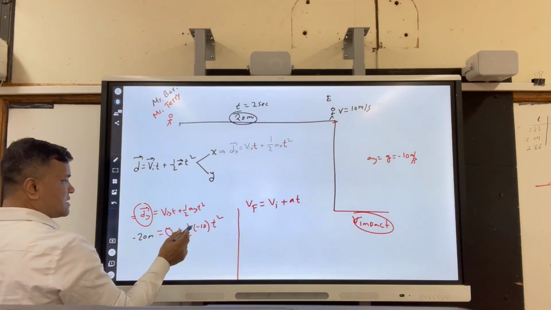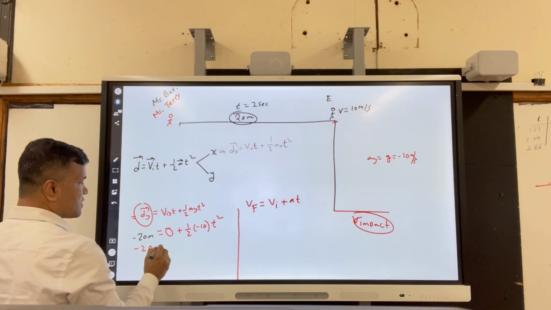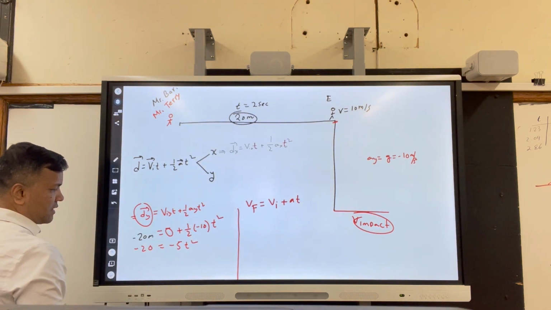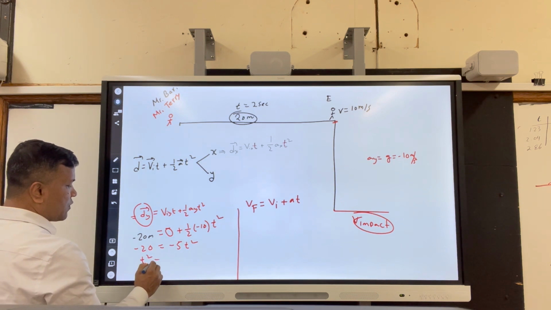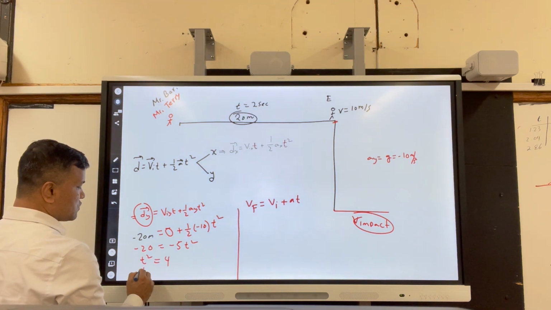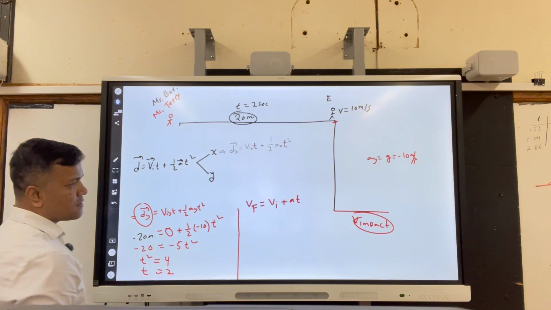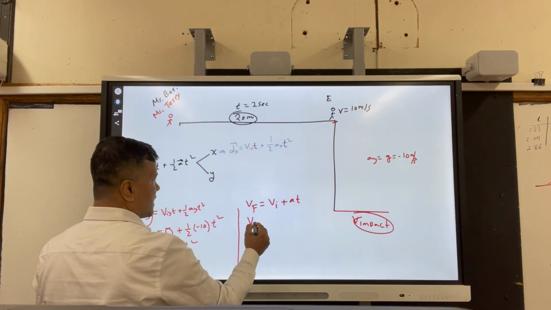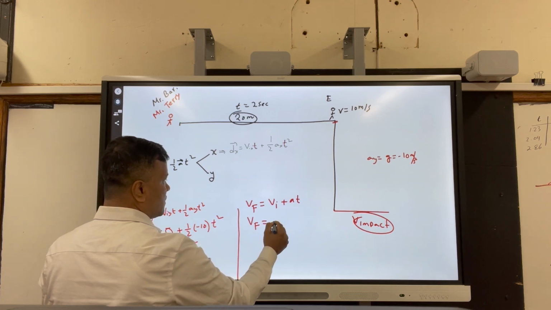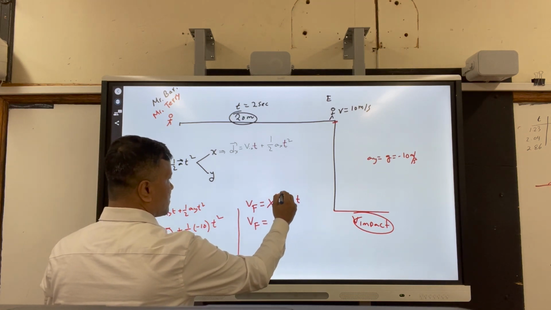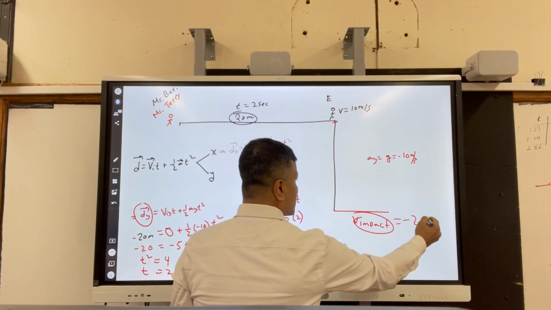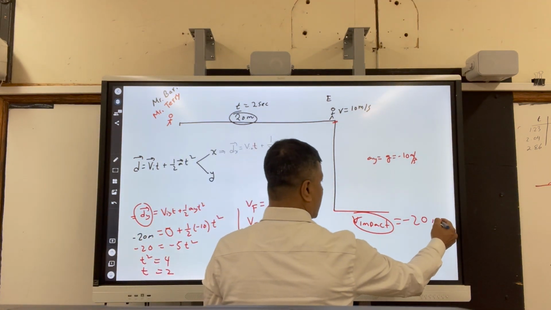As you see, -20 is equal to -5 t squared. You divide both sides by -5, you get t squared is equal to 4. So t is equal to 2. Mr. Terry's impact velocity would be vi is 0, plus -10 times 2. So his impact velocity would be, of course, -20 meters per second.